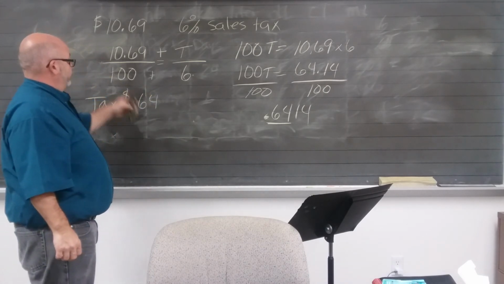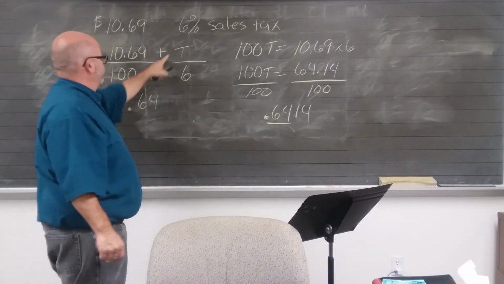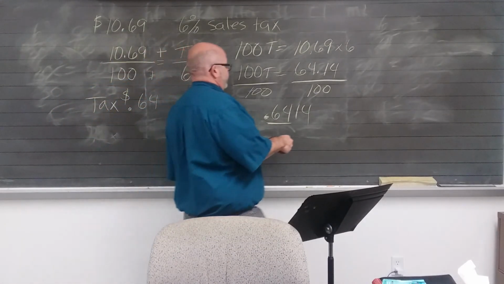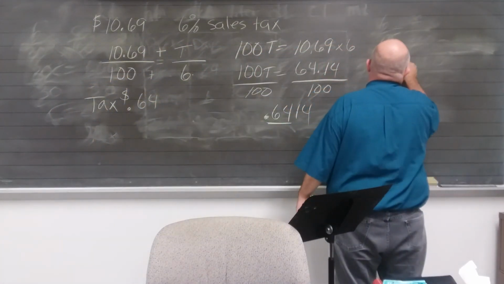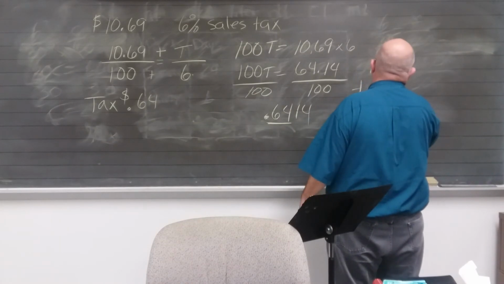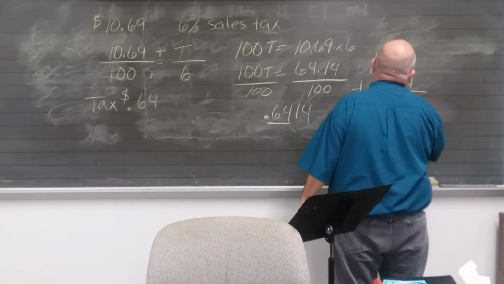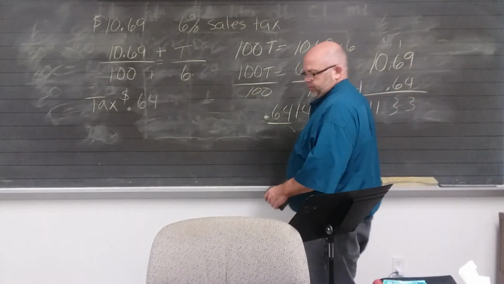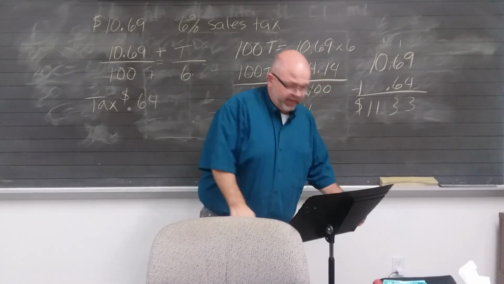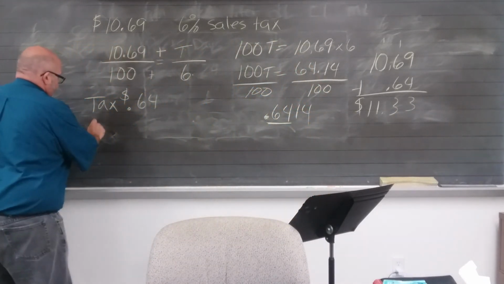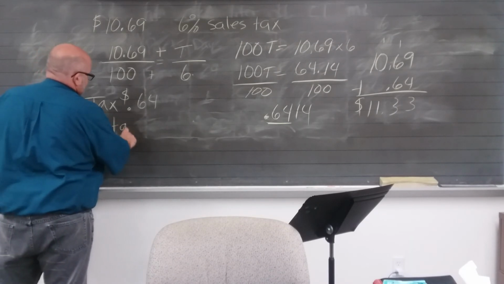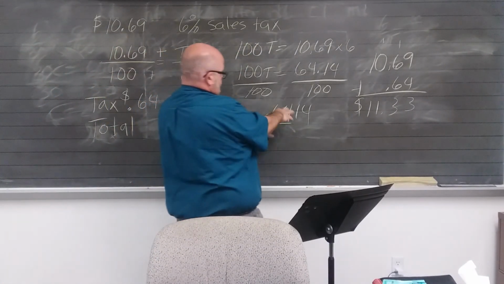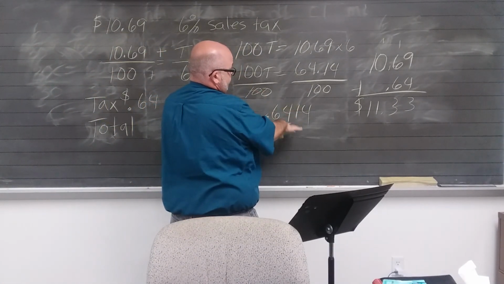Now you're adding the 0.64 to the 10.69 to get your final price. 10.69 plus 0.64. 11.33. Is that what it is? Yes. Then your total. Most of these are going to ask for how much tax did you pay. I want you to put it something like this. Don't just have a random answer like this and assume that I know that this is the tax.